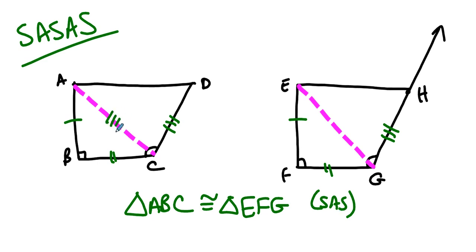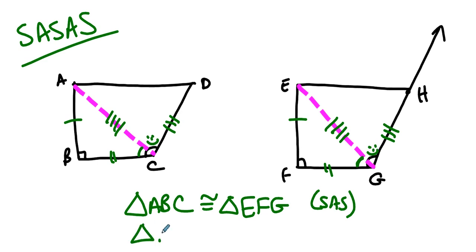Which means we know that this purple diagonal is congruent to that purple diagonal. And we know that this little angle here has to be congruent to this little angle here, which means that this smiley face angle here is congruent to this smiley face angle here.